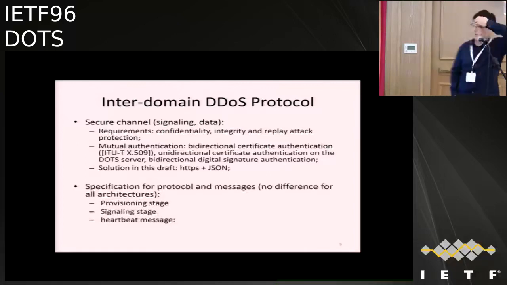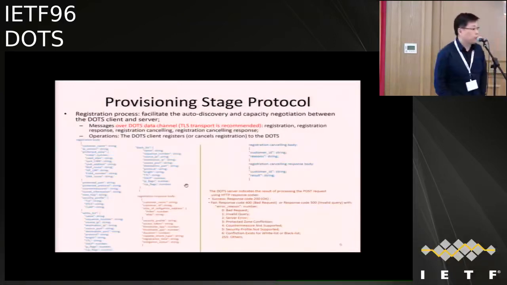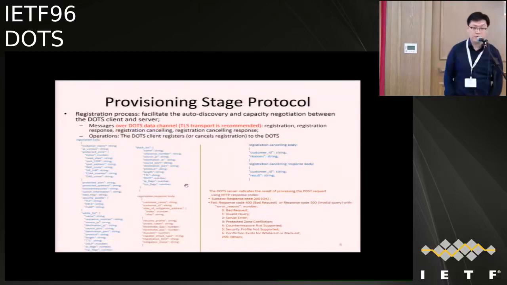Okay, next page. This is our definition of the DOS messages. We have two categories of message. The first category is for the provision stage. So it mainly includes the register message and the register canceling. In the register message, it is not only for registering itself. It also deals with some capability negotiation between the DOS client and DOS server.